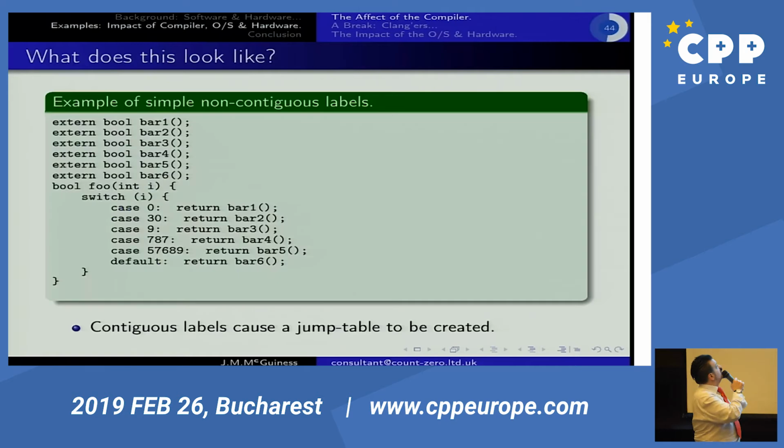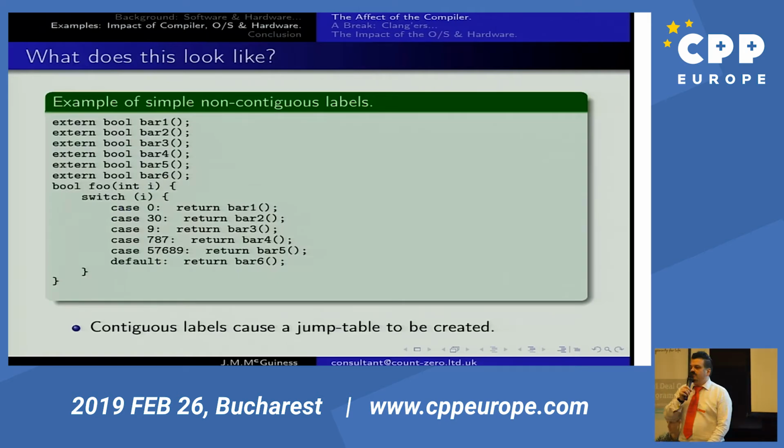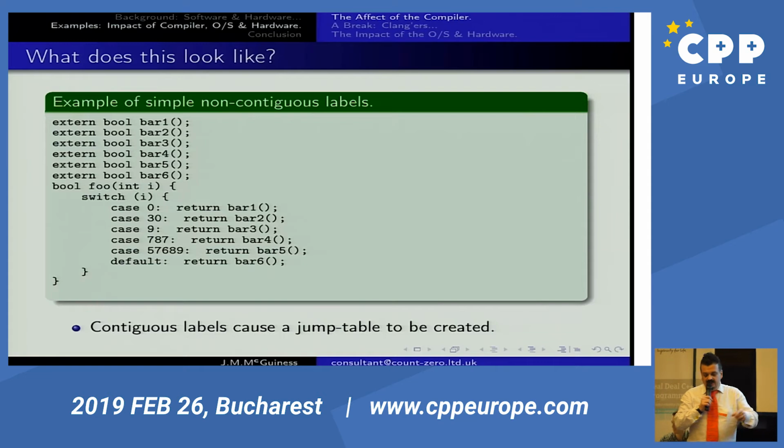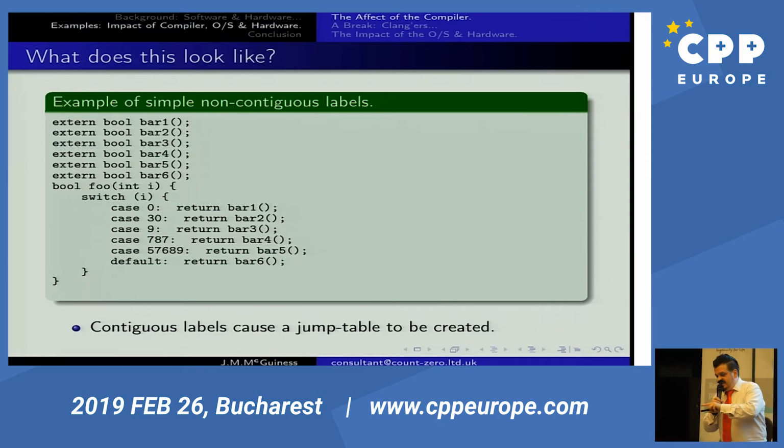Why are jumps important? Jumps are important because on superscalar architectures, we have a surfeit of pipelines in which we can then execute predicted code.